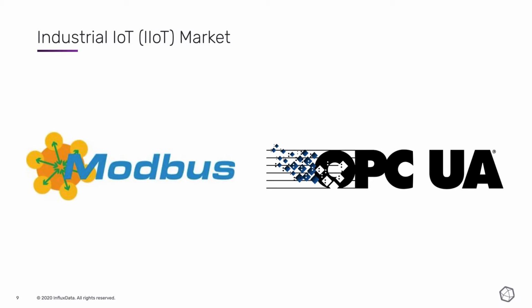We released a Modbus input plugin, I believe a couple quarters ago, sometime earlier this year, which we've already seen a lot of traction around. And we've just merged in an OPC UA input plugin. And I think the big emphasis is that with these two input plugins, we cover a good majority of the industrial IoT market.